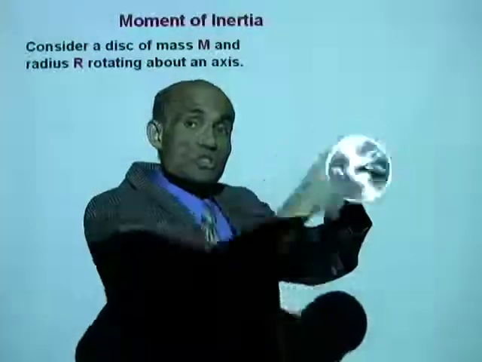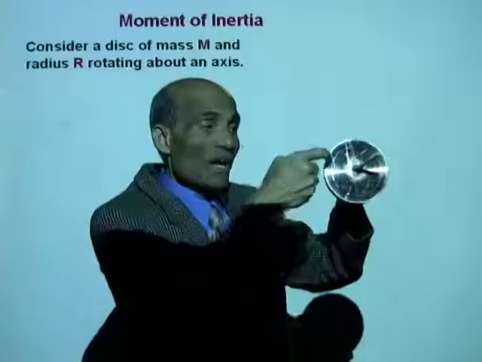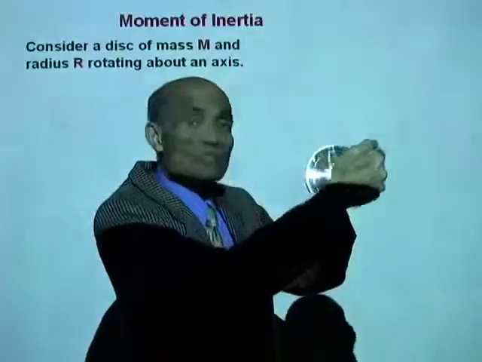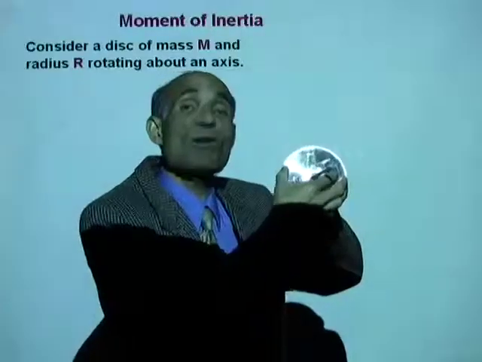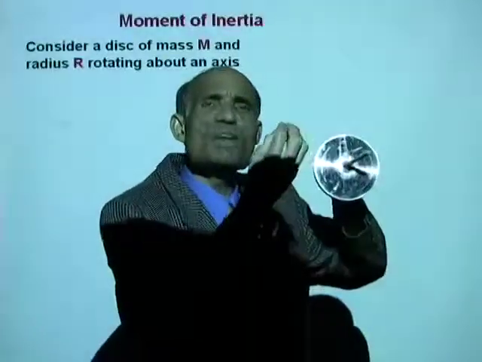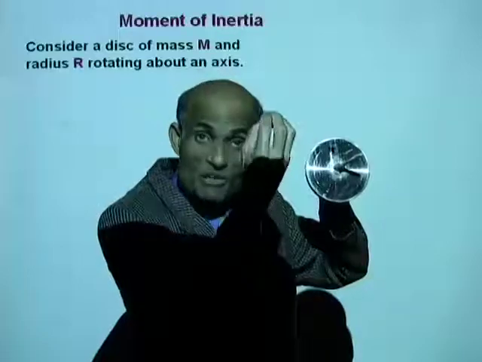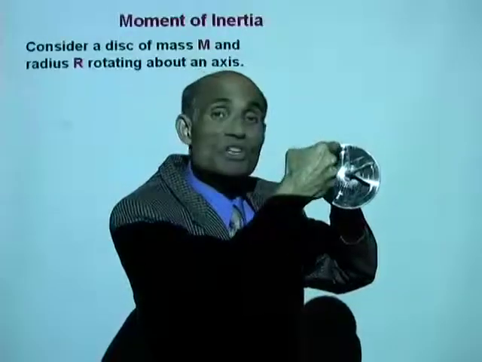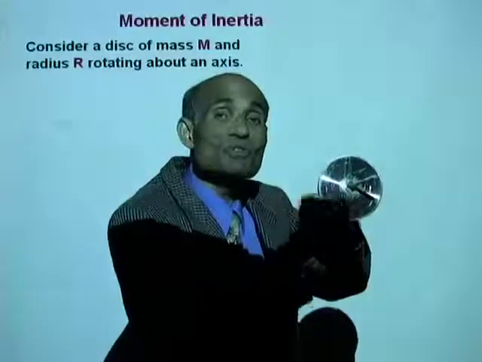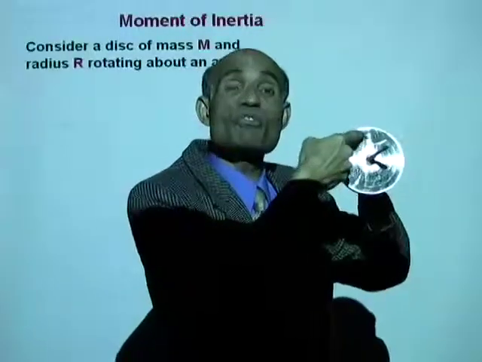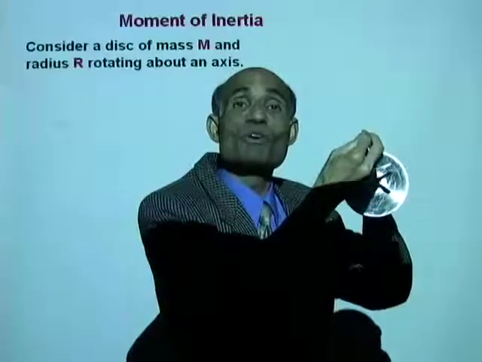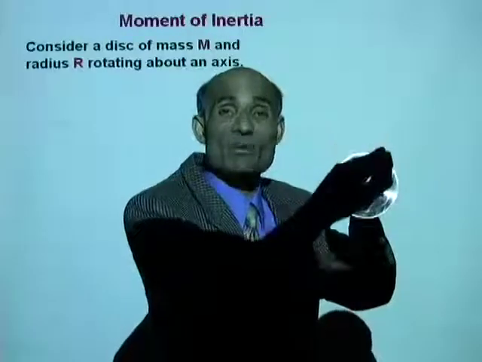Now, when this disc rotates, every point object on this disc can be considered to be made up of thousands and millions of particles. And we can consider the motion of each of those particles. Each particle will be subjected to a force, and that force will produce an acceleration.